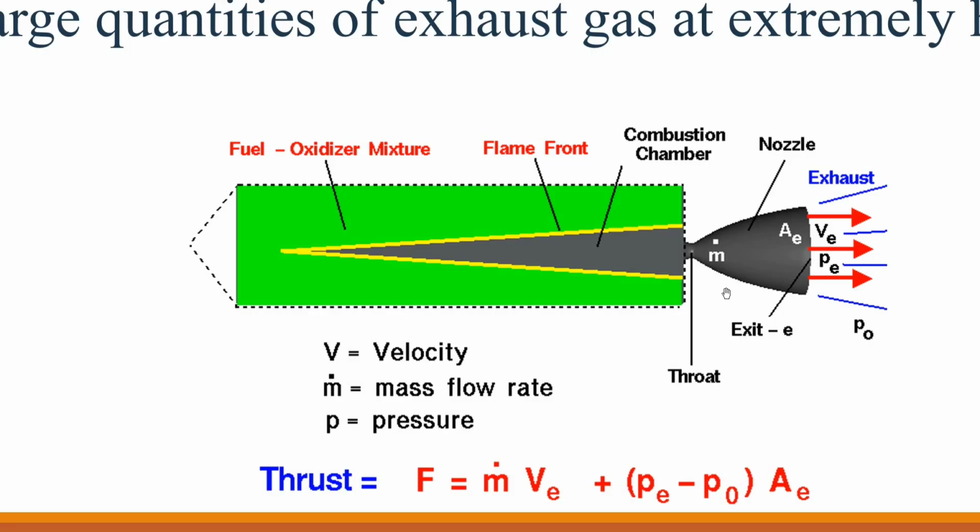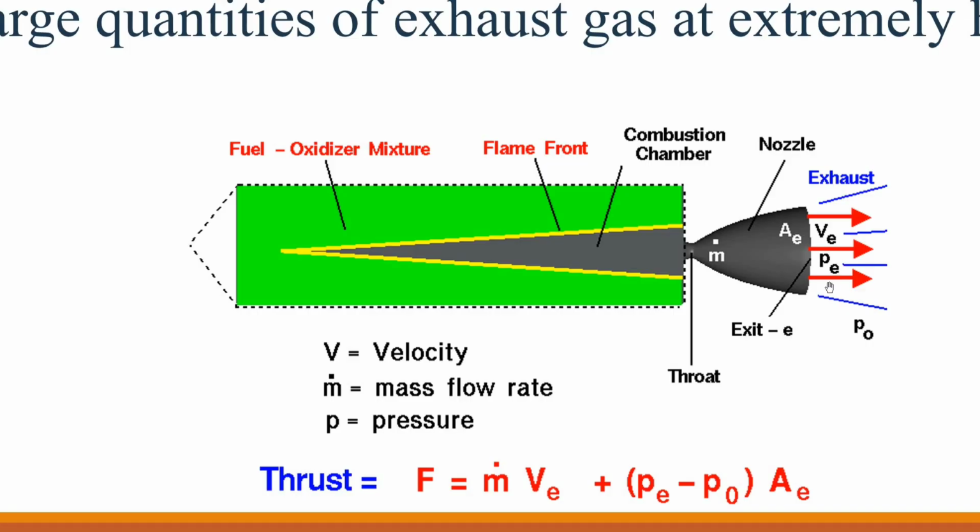Beyond the throat, the nozzle expands toward the exit. The ratio of the exit area A_E to the throat area controls both the exhaust exit velocity V_E and the exit pressure P_E. These parameters are critical in determining how efficiently the rocket converts thermal energy into thrust.